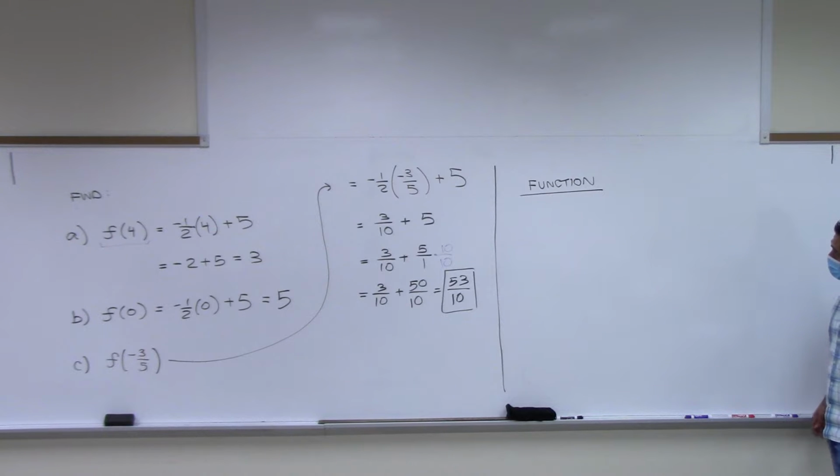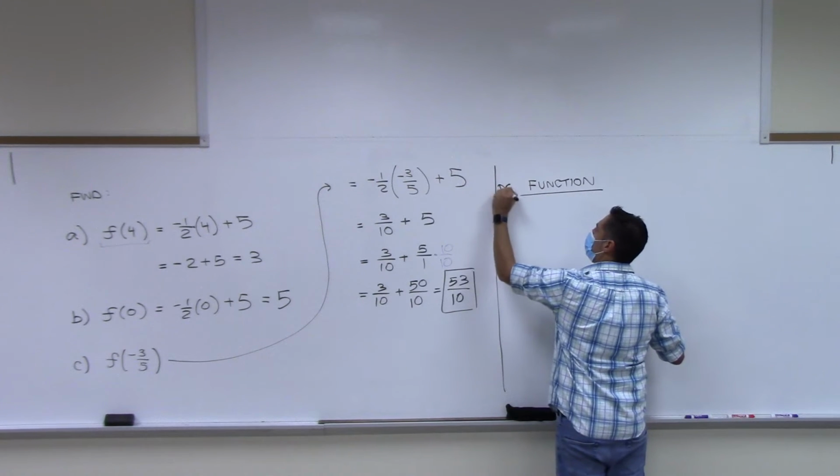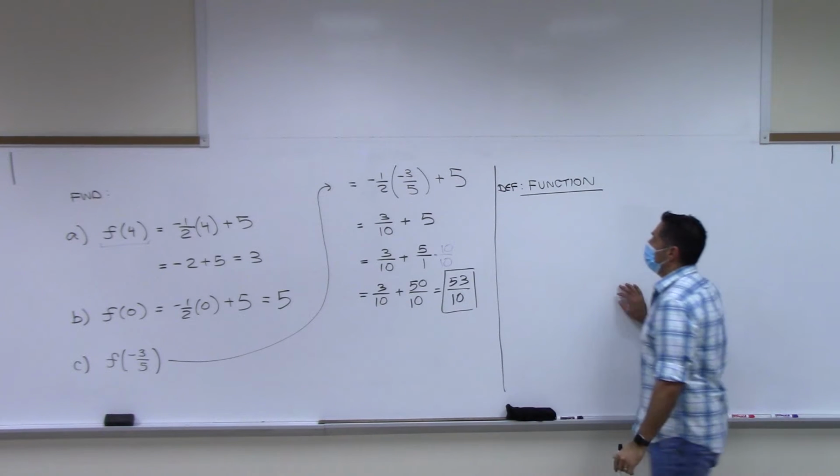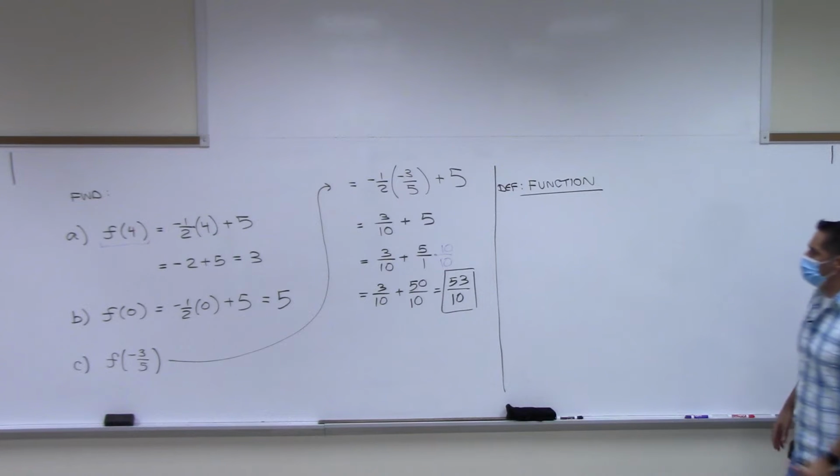Doing good. So this is the definition of a function. The definition of a function. Now, when I write the definition, it's going to look weird, right? I'll explain it after I write it down.